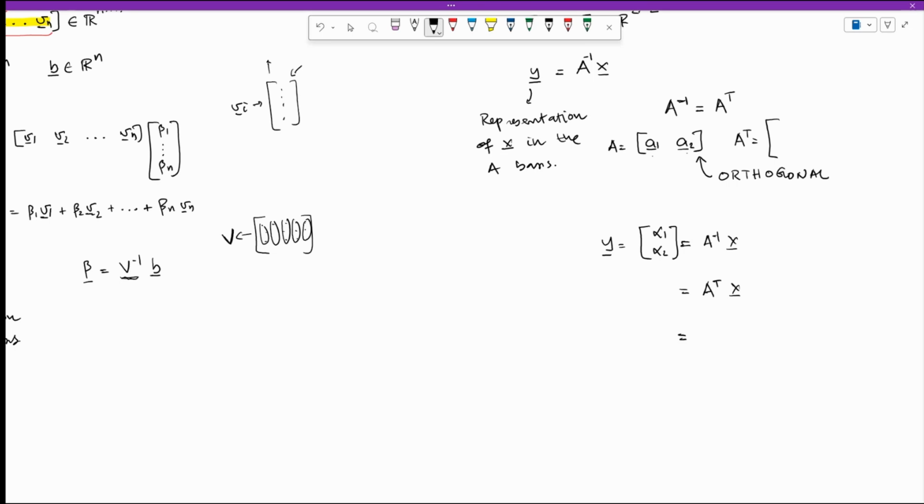Column turns to a row. Yes. No, I'm asking, here A is represented as a block row. So what will be its transpose? This will be A1 transpose, A2 transpose. You can verify that this is still 2 cross 2. That means my A transpose times X is A1 transpose, A2 transpose, times X.